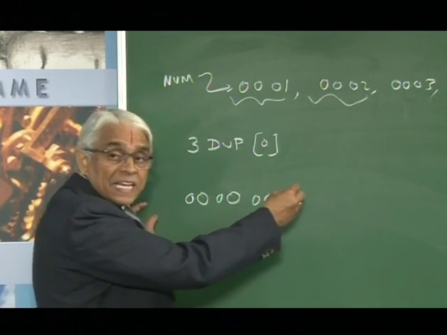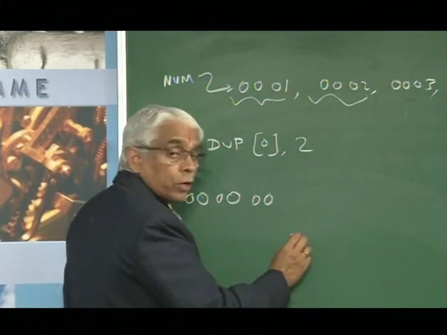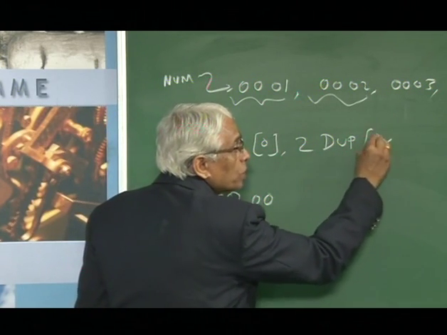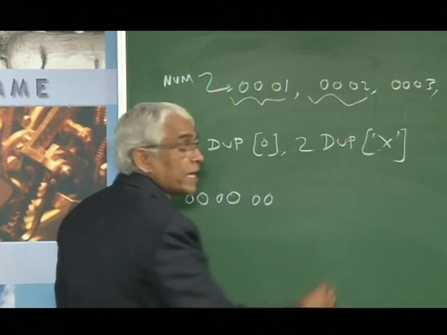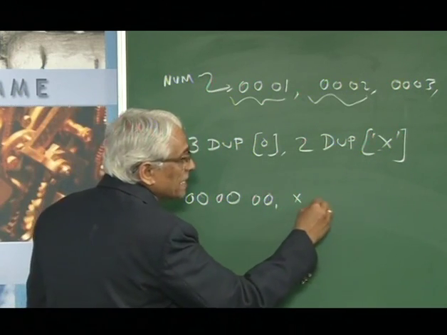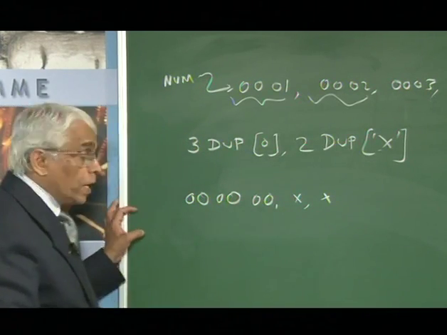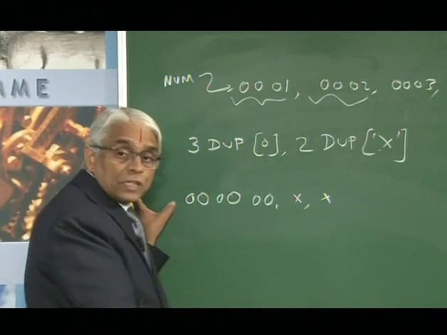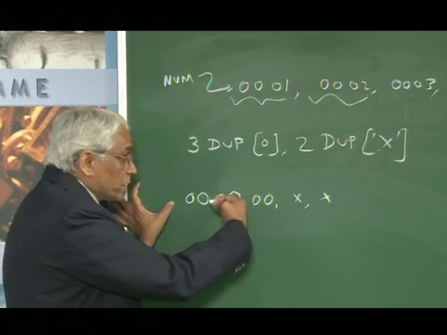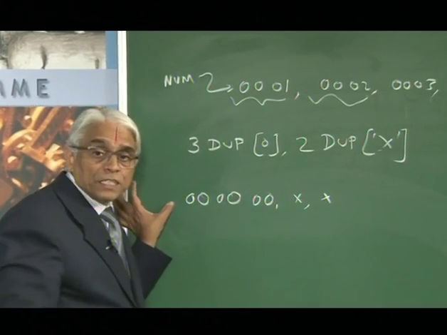Following it, it says that you have to store 2 dup, the value which is given in single quotes in memory, called x. So, we have here, following it, x and x. This will be the location to which it is going to store, but as a matter of fact, it does not go to the next line as is mentioned in the side.